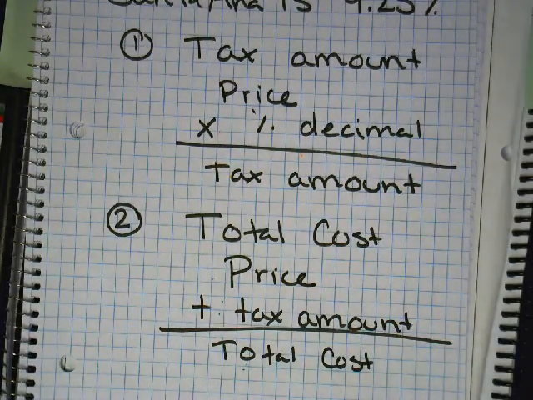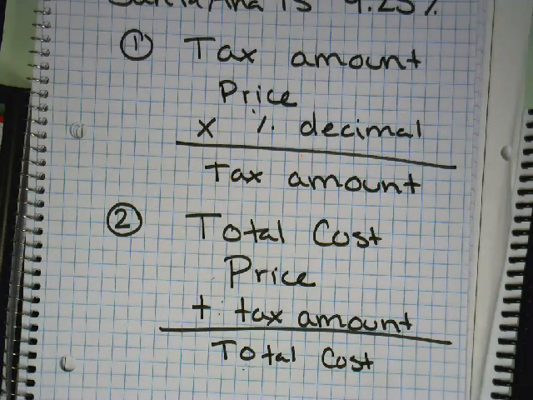This is based on how much you want to buy. So if I want to buy something that's $100, I'm going to pay an additional $9.25. For every $100, it's about $9.25. This money goes to pay for different things in the city, the state, and the county. So basically, instead of subtracting, we're adding.